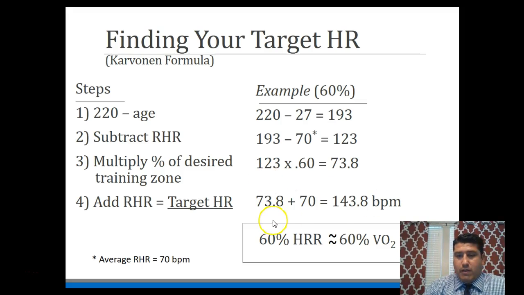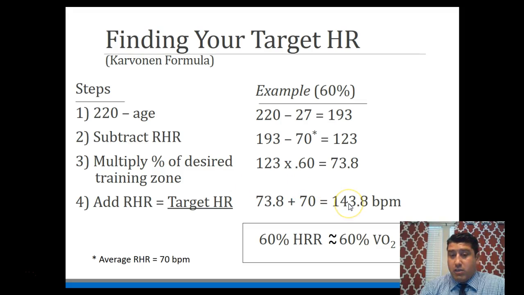Okay, so if you want to push your lactate threshold, if you're 27 years of age with a resting heart rate of 70 beats per minute, and you want to push your 60% or your lactate threshold, you should be exercising at about 144 beats per minute. Okay, at least 144 beats per minute.